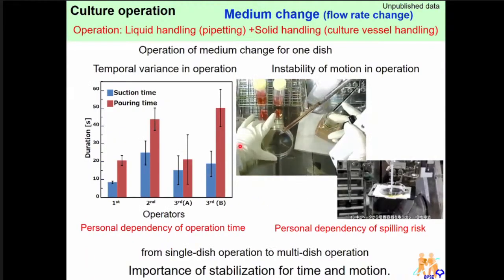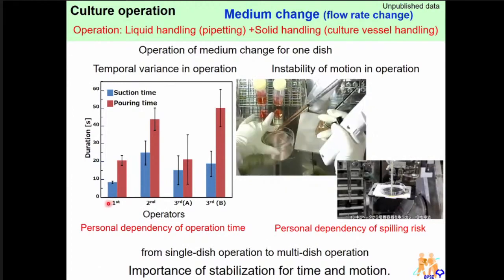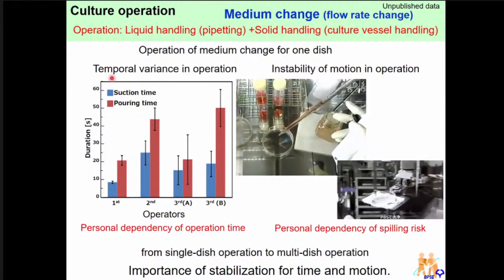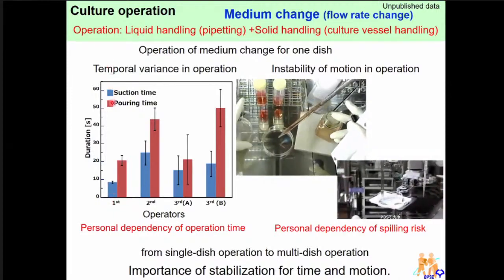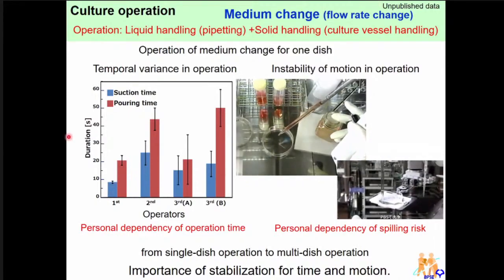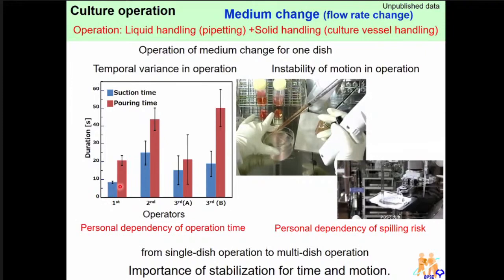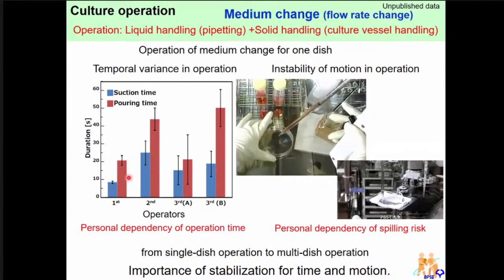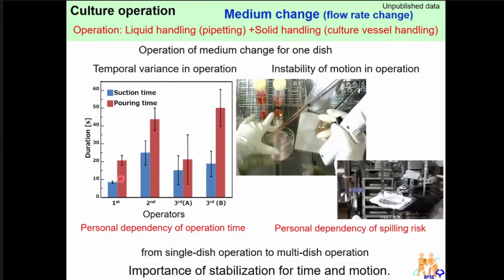Practically, during the pipetting like this, one person, the first generation expert, sucks the medium and pours the medium in this time for one dish. Quickly sucking and gently pouring the medium.